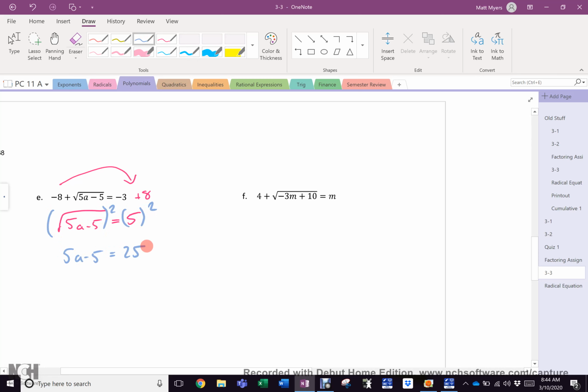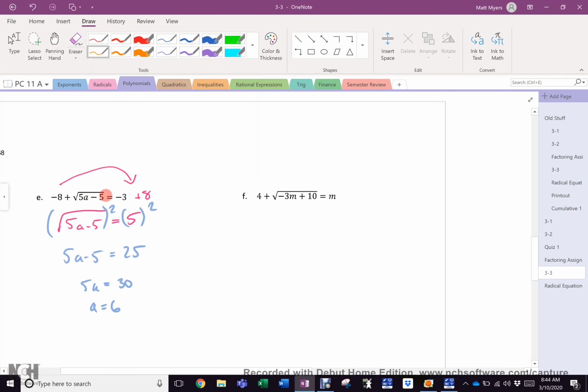And now we're at grade 9 algebra, aren't we? 5a equals 30. A equals 6. Everybody cool? Now, is 6 guaranteed to be the right answer? It's not possible that it might be extraneous? Let's check.